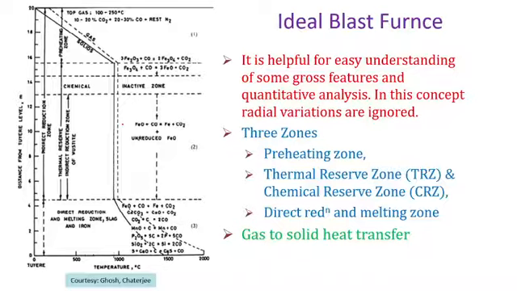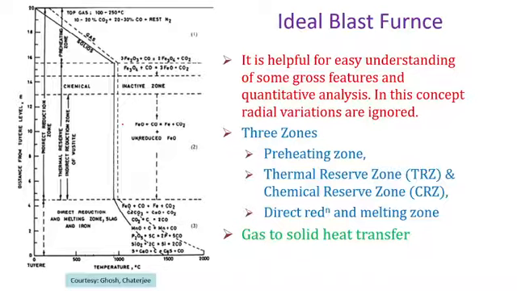It is helpful for easy understanding of some gross features and quantitative analysis. In this ideal blast furnace concept, radial variations are ignored. We have studied that there are radial variations in temperature, pressure and gas composition profiles, but for simplicity, here these are ignored.